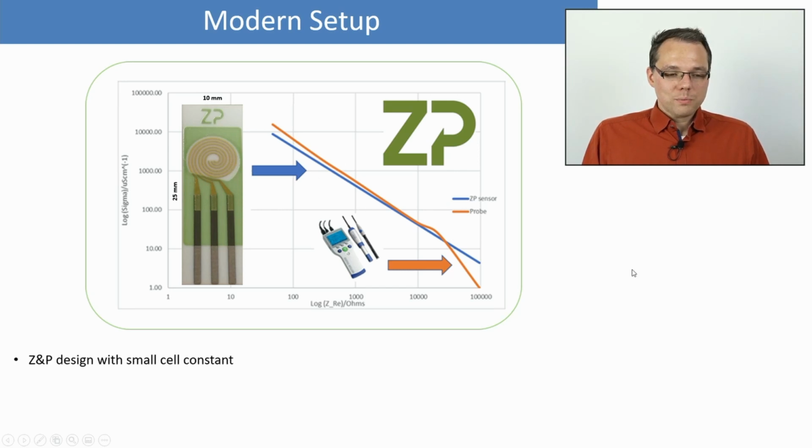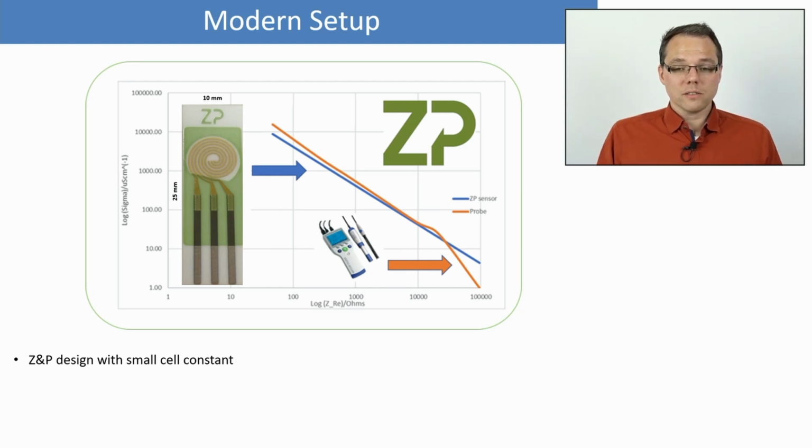The classic probes are a bit big and don't always have an optimized cell constant. Zimmer and Peacock is of course very good at designing electrodes. So they designed an electrode for conductivity measurements that has a very low cell constant by providing a lot of area for the current to travel through, and a low distance between the two electrodes.